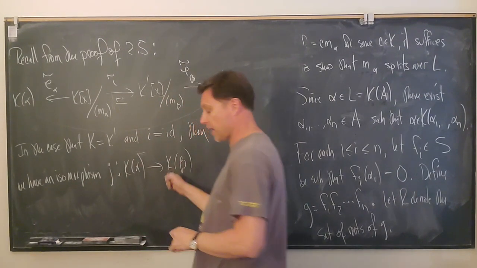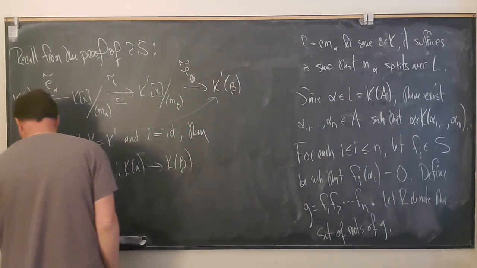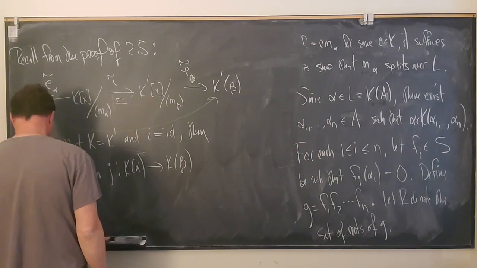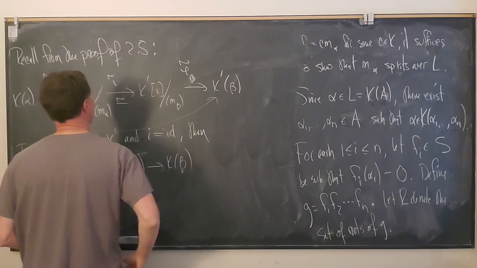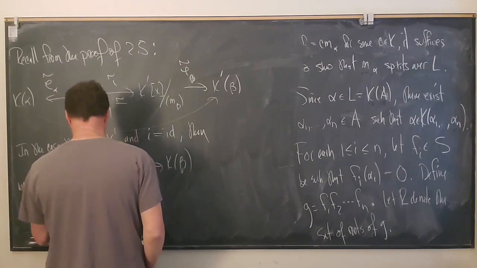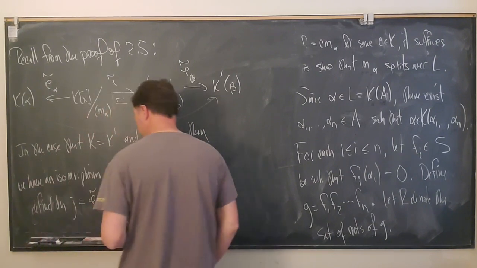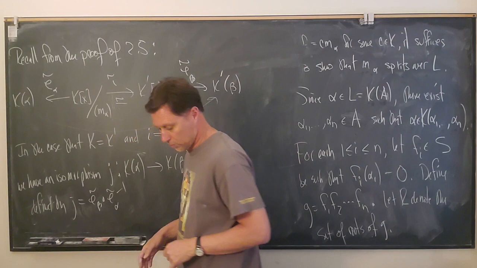Remember, K is equal to K prime. Defined by J equals E beta tilde of E alpha tilde inverse.